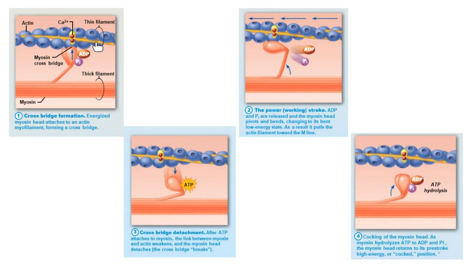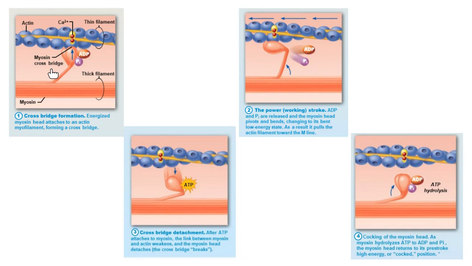Tropomyosin moved. I've got a space for myosin to attach to actin. So step 1, crossbridge formation. In the step of crossbridge formation, I form an attachment between myosin and actin.